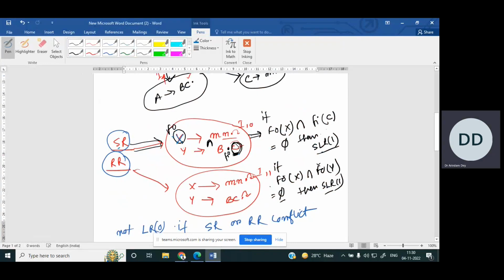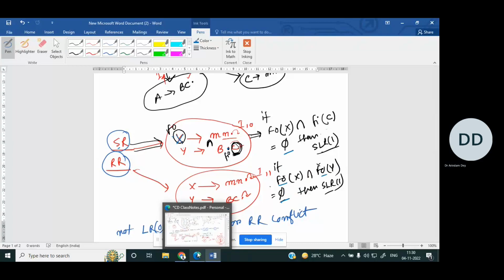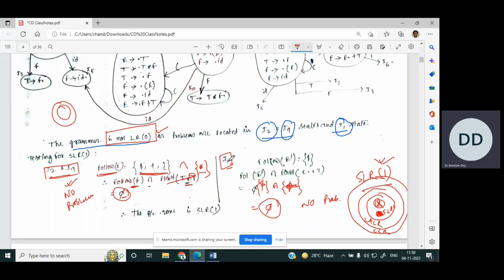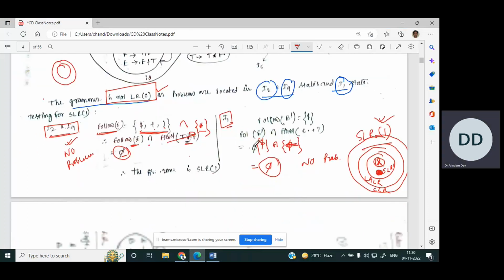Whatever is shifting, for that we have to take the first after the dot, not for the initial production. For the reduce case, we take the follow. So follow intersection with first, and it should be phi. For all the conflicts, it should be phi. Then only it is SLR1. We will look at numerous examples from here, and I hope once we go through them, it will be clear to you.